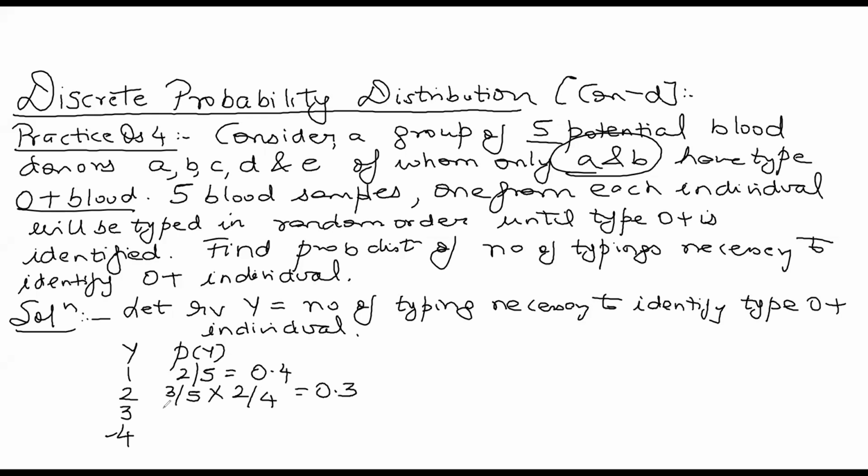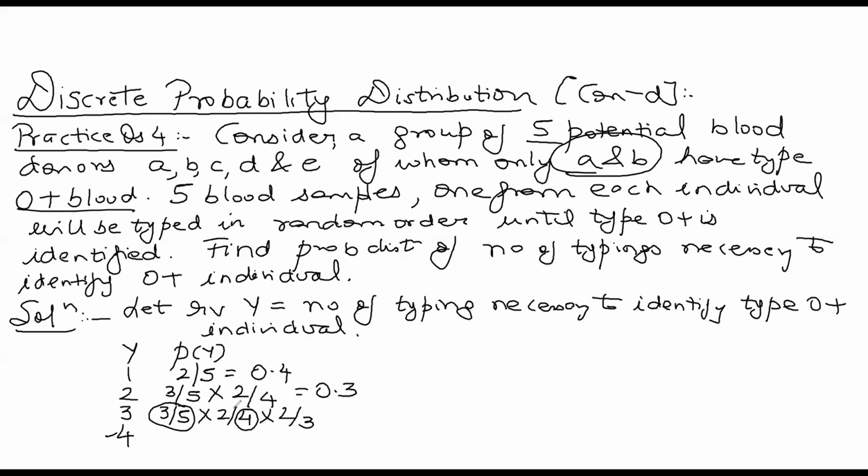You are typing 3 individuals. That means the first individual was not O plus, the second individual was also not O plus, but the third individual is O plus. You will see the denominator is going down by 1: 5, 4, 3. First individual is not O plus, 3 by 5, into second individual is also not O plus. When I talk about the second individual, one individual is already gone, so the denominator becomes 4.